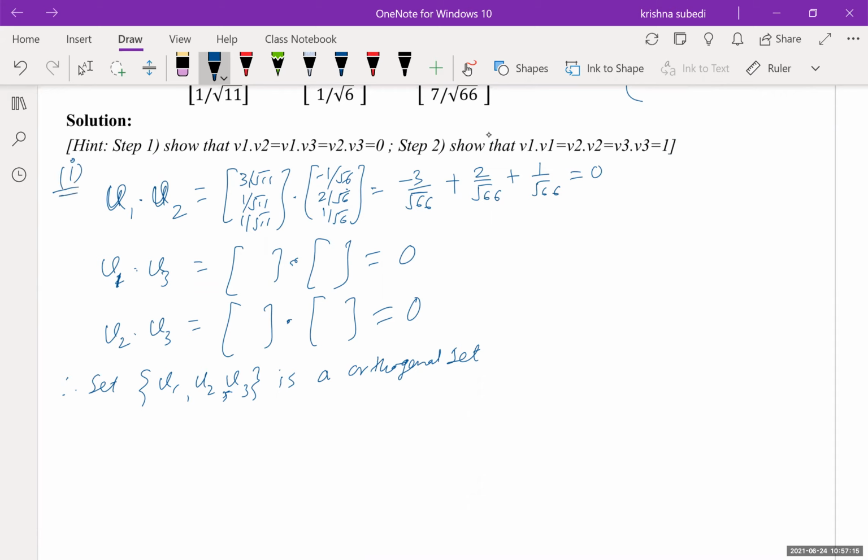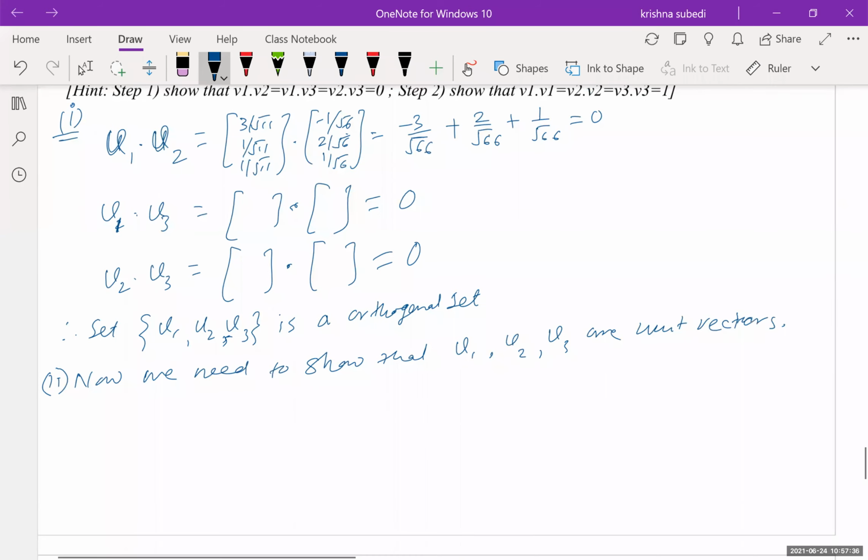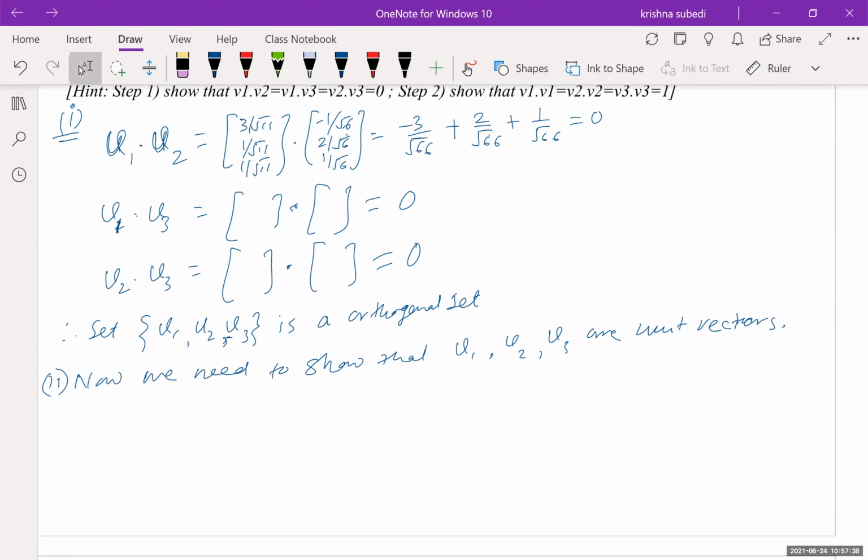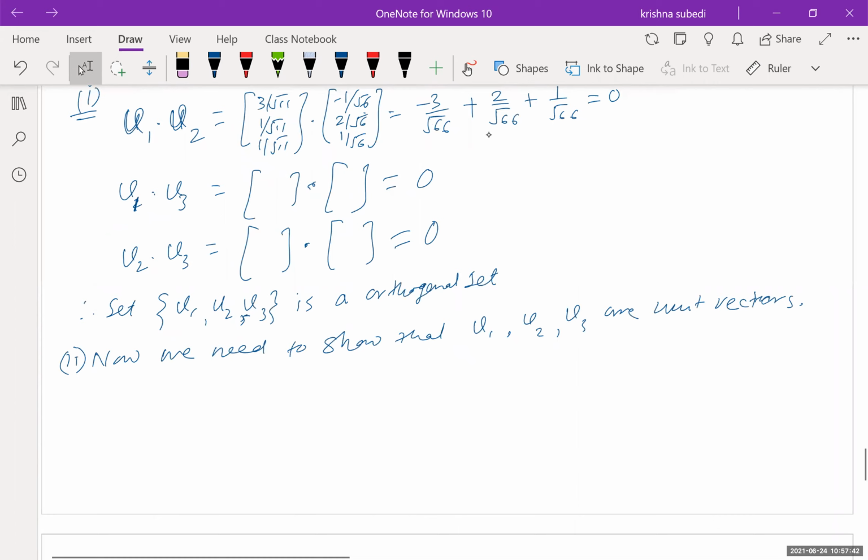Now we need to show the second condition, that v1, v2, v3 are unit vectors. To show unit vectors, we have a couple of methods. One is to find the norm of v.